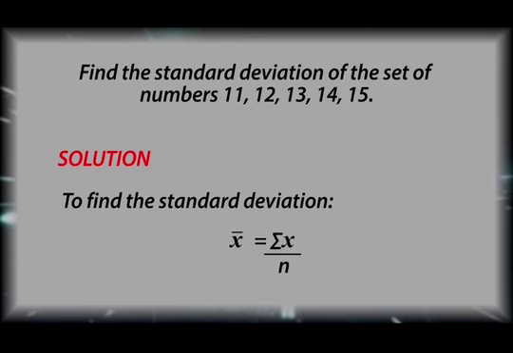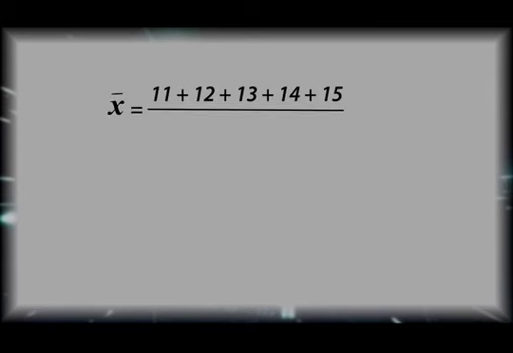So the sum of all the x's, the sum of all your values, gives us 11 plus 12 plus 13 plus 14 plus 15, all divided by 5, because we have 5 different numbers. When we work that out, we get 65 divided by 5, and the answer is 13.